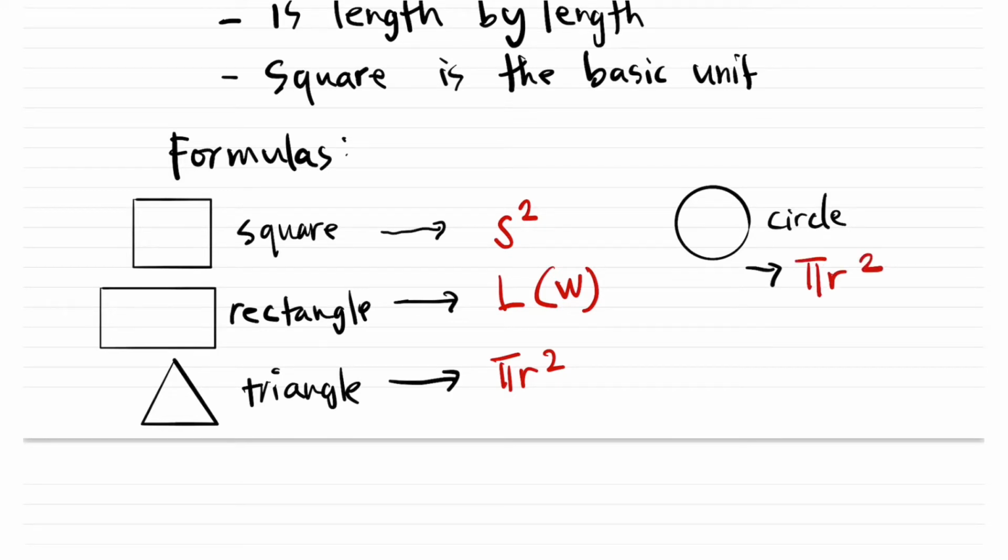Now S here stands for side, so side squared. And this one here stands for length times width.